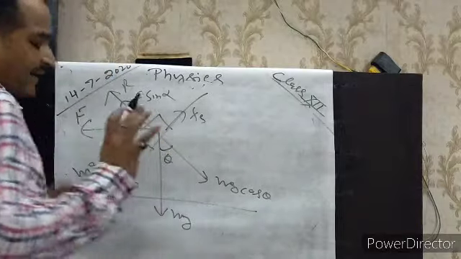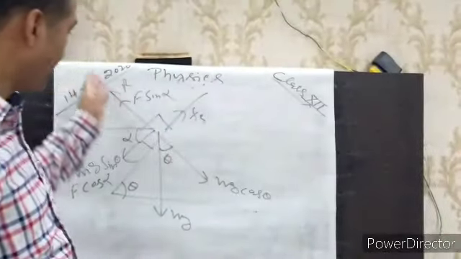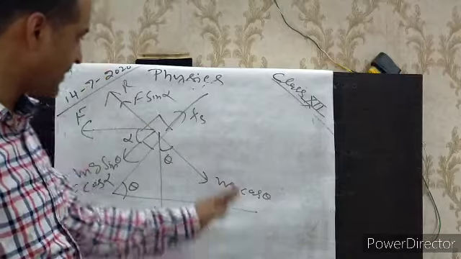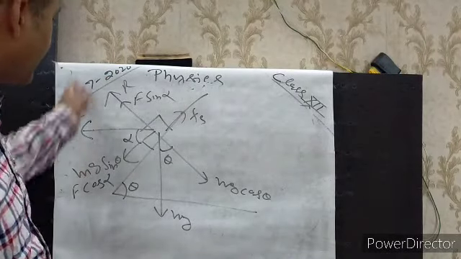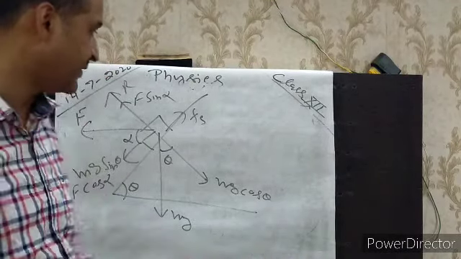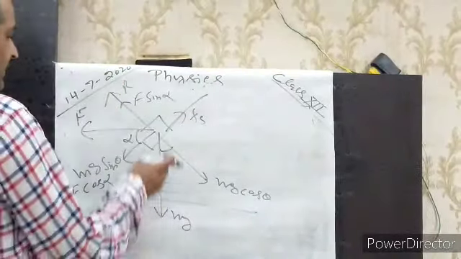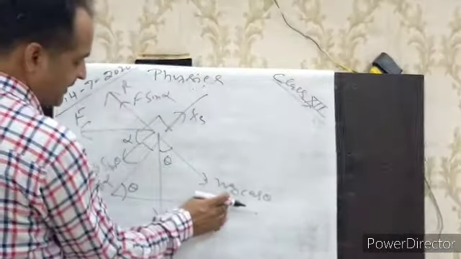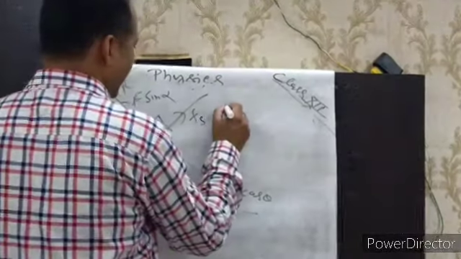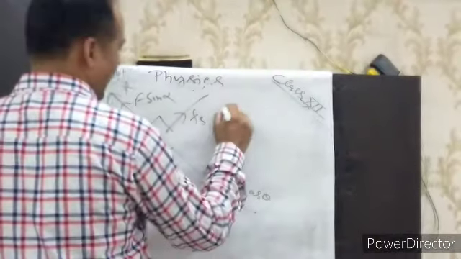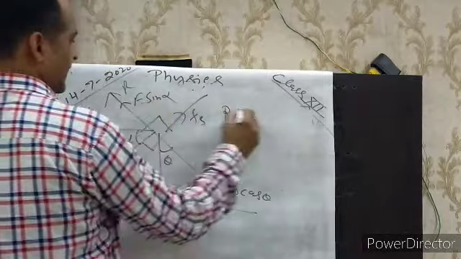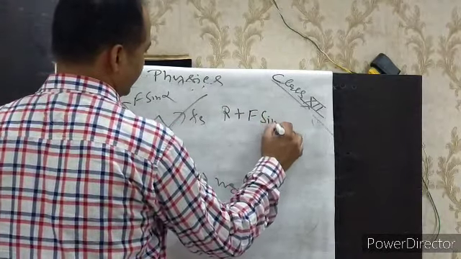Now what you have to do, you have to take F is equal to ma in this direction. First I am taking F is equal to ma in this direction. Is the body moving in this direction? No. Then this force is equal to mg cos theta. R in this direction, what is the force? R plus F sin alpha.